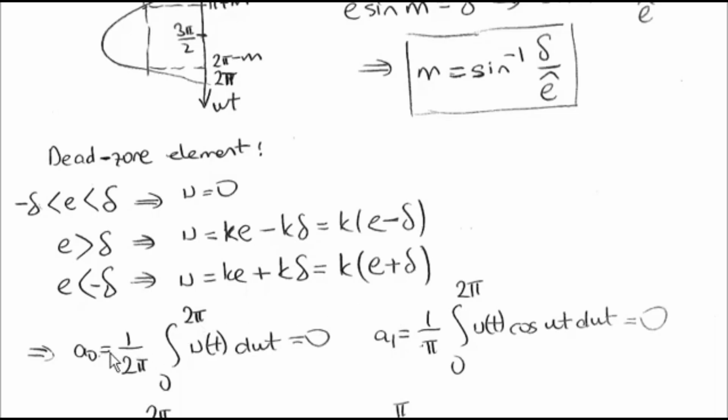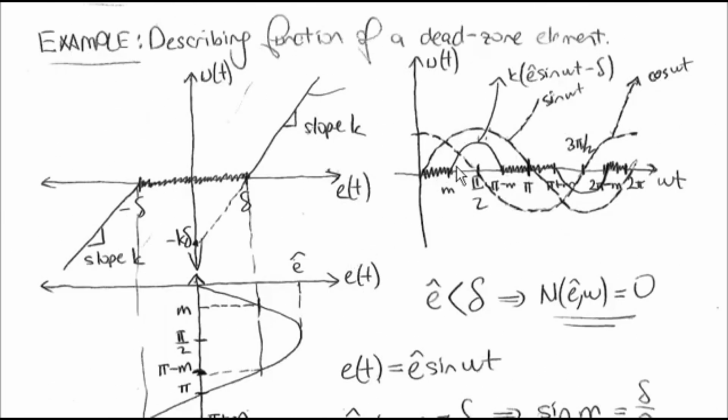So now let us look at A0. A0 is the integral of u of t with respect to omega t between 0 and 2 pi. When I look at u of t between 0 and 2 pi here, I see that u of t between 0 and pi is equal to minus u of t between pi and 2 pi. So there is again an anti-symmetry with respect to the value pi here.